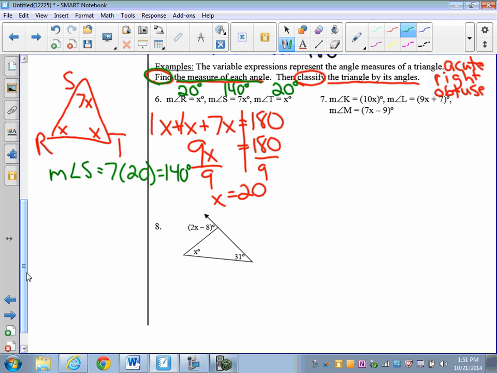So I check, do I have an obtuse angle? Yes. Angle S is an obtuse angle. So when I classify the triangle, it has to be obtuse, because I have an angle bigger than 90 degrees. So it's an obtuse triangle.